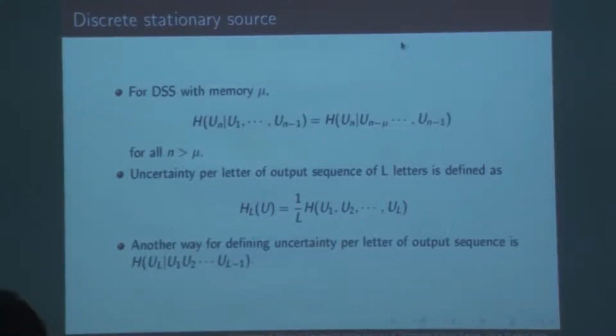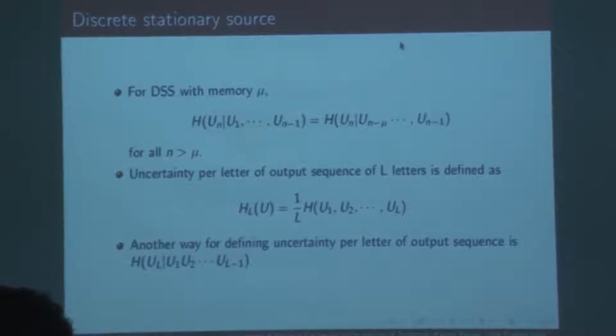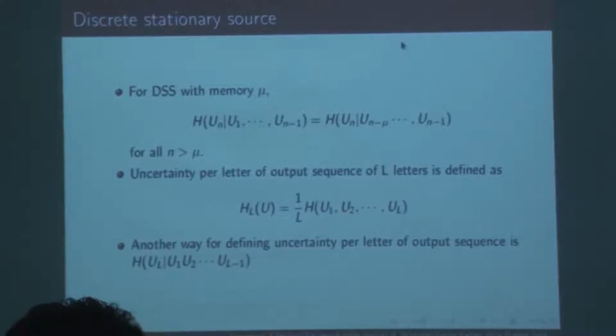So, we have described a discrete stationary source, we have described a discrete stationary source with memory, we have said the entropy for a discrete stationary source with memory is given by this, and then we have talked about two ways of describing uncertainty per letter for a discrete stationary source.